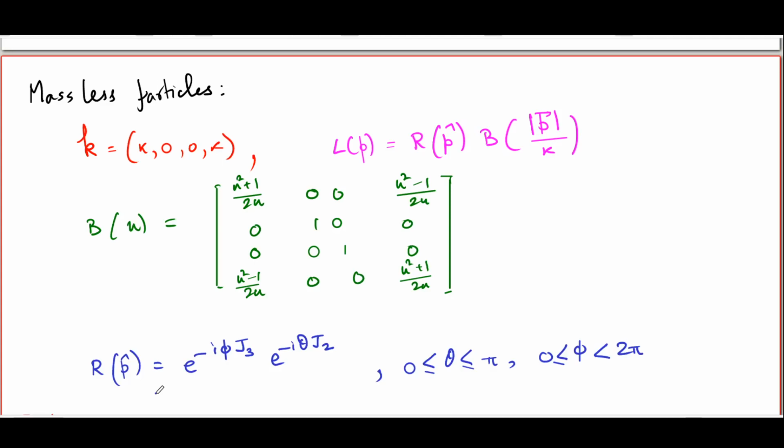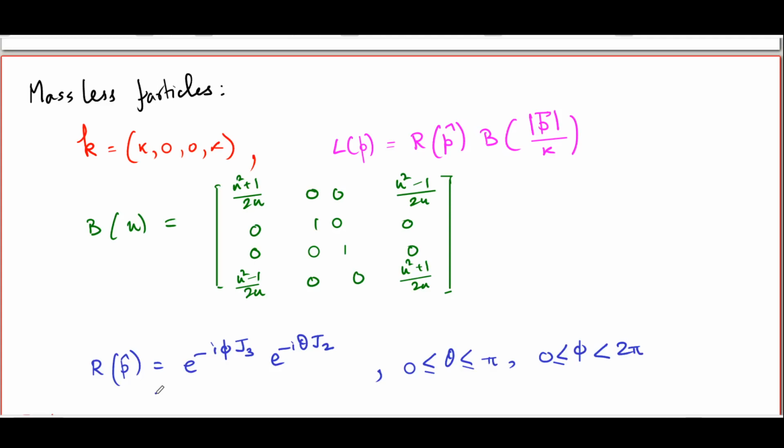So mod p by kappa is basically a dimensionless parameter which we call u, and this B of u essentially boosts the particle whose momentum was kappa to begin with into a particle whose momentum magnitude is given by mod of our final momentum, and which is exactly in the z direction.